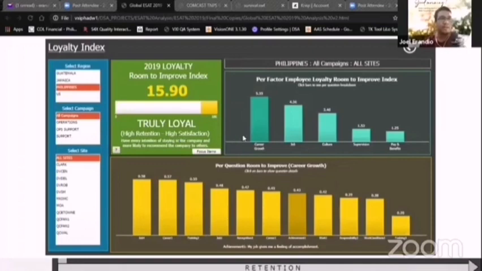Okay, so in here, we are able to see what are the items that we need to work on. So it says, the per factor room to improve, career growth and job are the top two categories that a single employer faculty, for instance, needs to work on so that their performance will increase, so that their room to improve will decrease further.